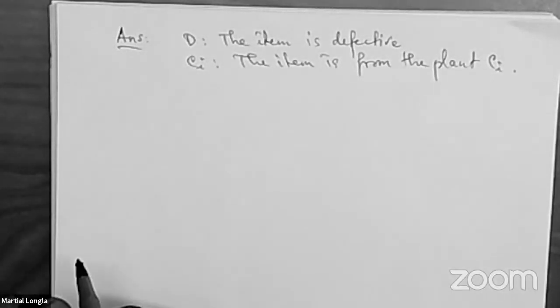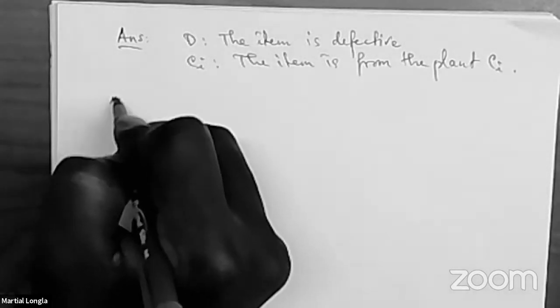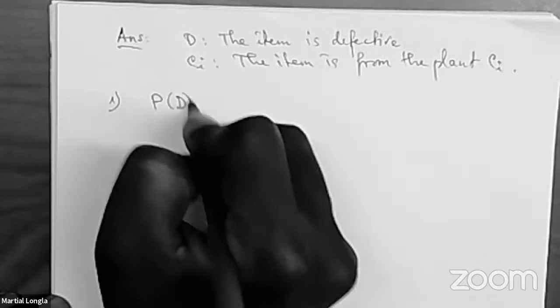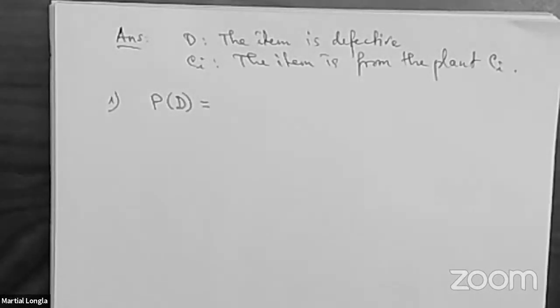And so the first question is asking us, what's the probability of D? What's the probability that it is defective?